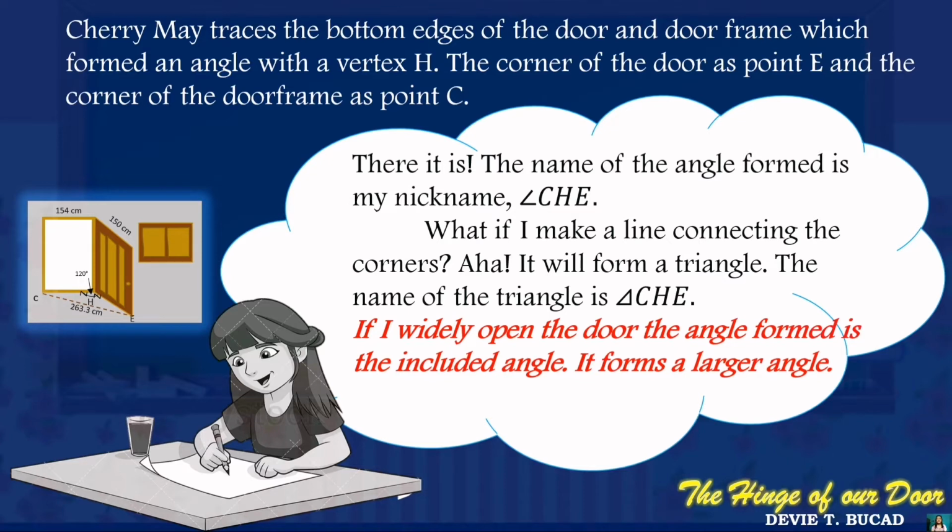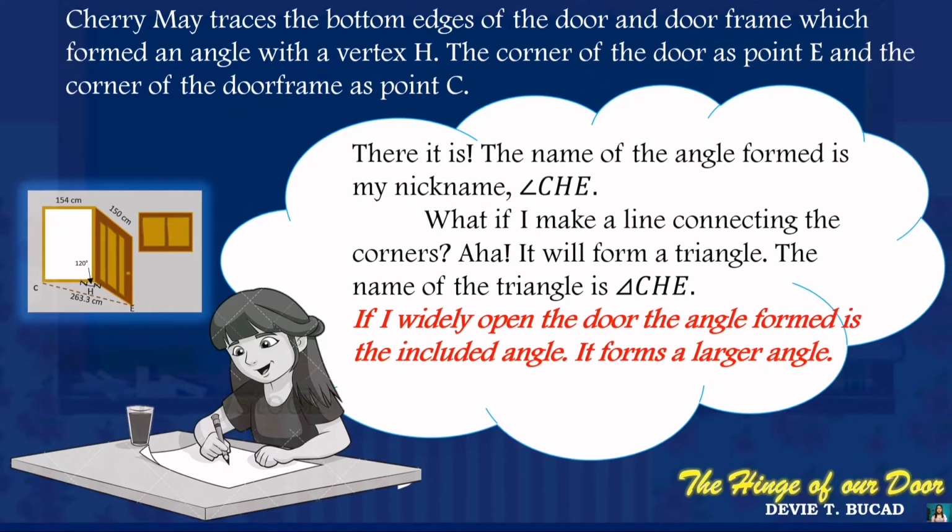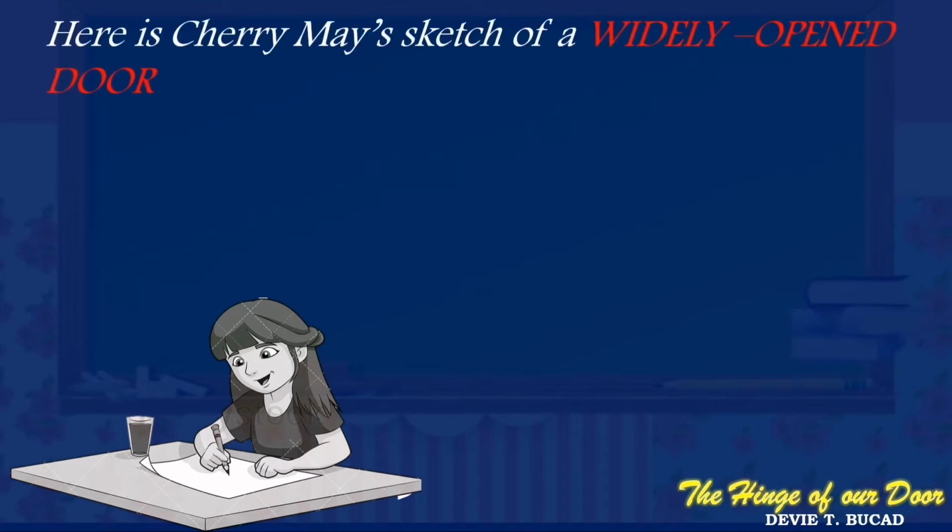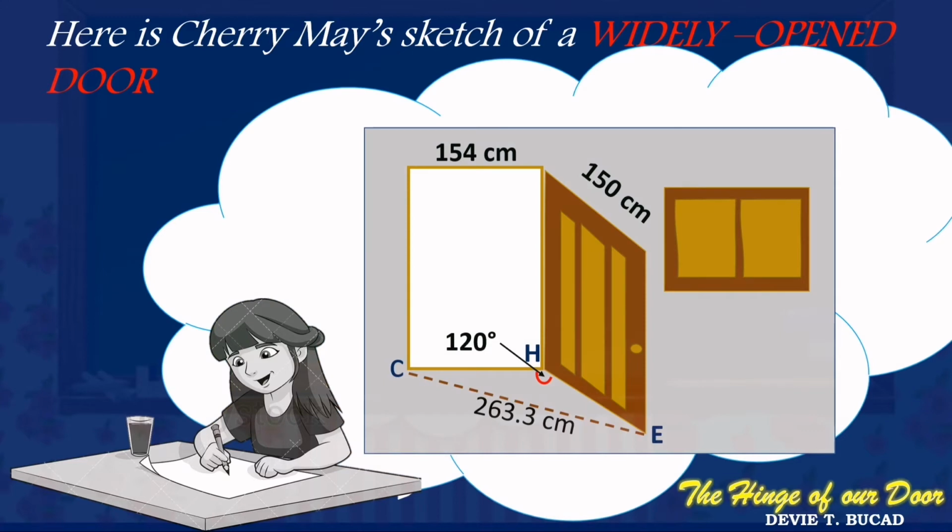What if I make a line connecting the corners? It will form a triangle. The name of the triangle is triangle check. If I widely open the door, the angle formed is the included angle. It forms a larger angle." Here is Jeremy's sketch of a widely open door.